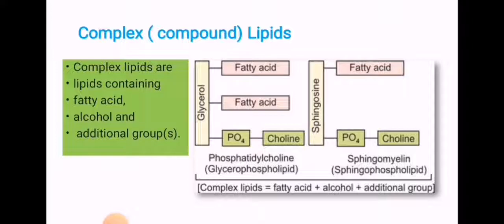And if you see the sphingomyelin structure, the alcohol is the sphingosine and the fatty acid is only one, and there is a phosphoric acid as well as a nitrogenous base. So because of this extra group or additional group to the simple lipid, that is making it a complex lipid. So what are these complex lipids?